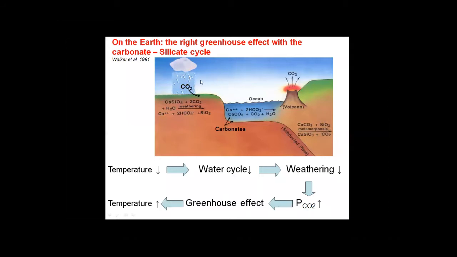especially CO2, on the Earth at least, and probably on many planets, you will have CO2 being weathered at the surface, being dissolved in the fresh water on the continents. It will accumulate in the oceans and will tend to form carbonates that will sediment and accumulate at the bottom of oceans.